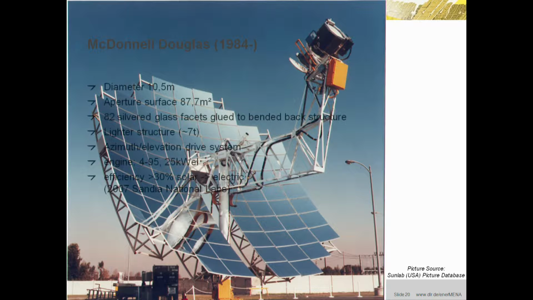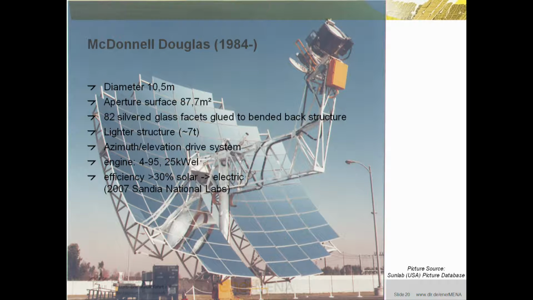The next system I want to introduce, which has really a big relevance, is a system developed by McDonnell Douglas. The first prototype was built in 1984. It has a diameter of 10.5 meters. Aperture surface is 87 square meters. It has only 82 silvered glass mirrors glued on a bent back structure. It has a much lighter structure.